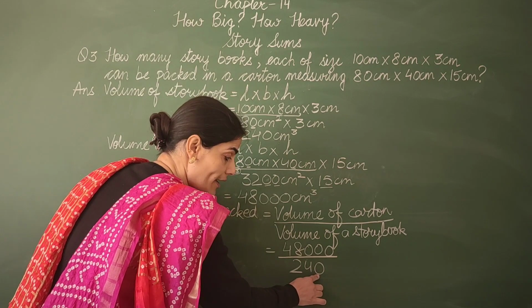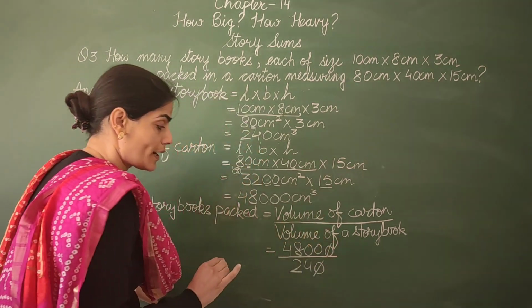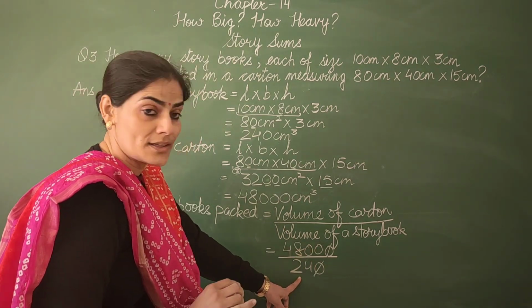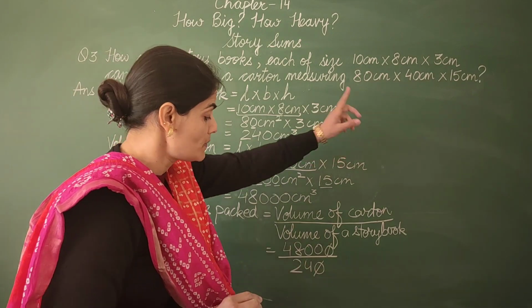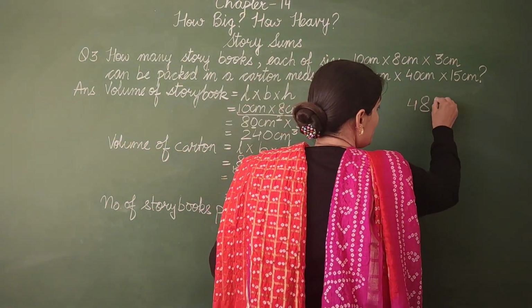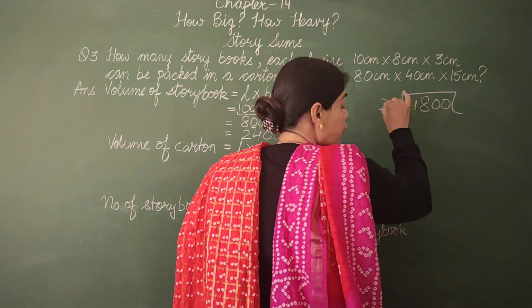Here it is having 1, so I cancel 1 zero with this one. Now what are we left with? 4800 is to be divided by 24. Let me show the working on that side. 4800 is to be divided by 24.